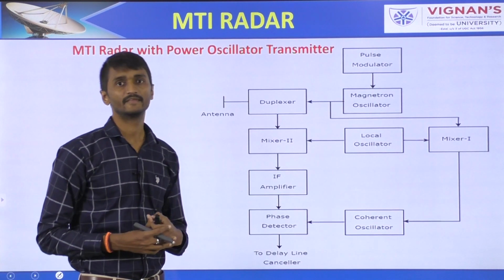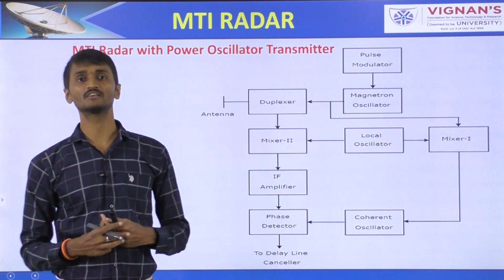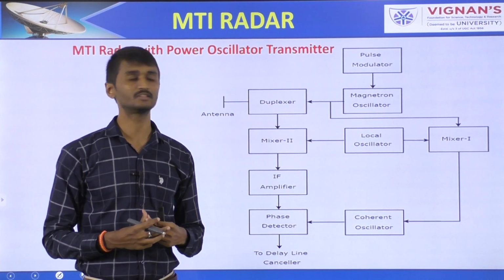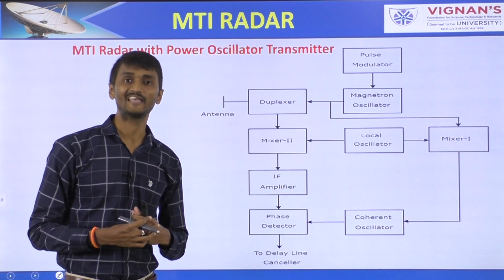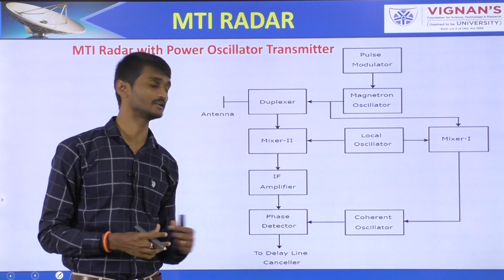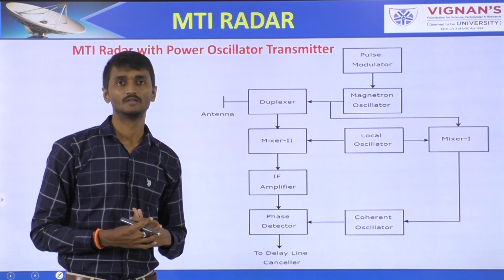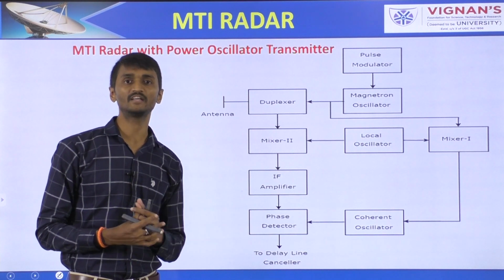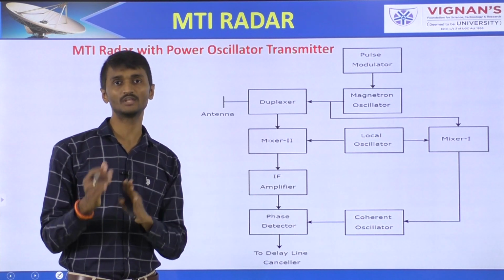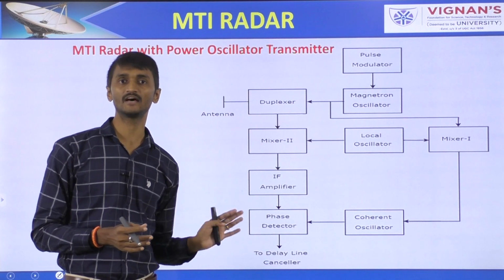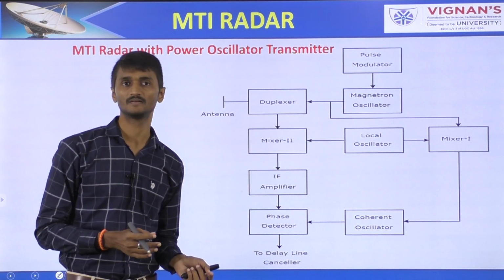So now, MTI radar with power oscillator transmitter. The block diagram of MTI radar with power oscillator transmitter is shown in this figure. It looks similar to the block diagram of MTI radar with power amplifier transmitter.